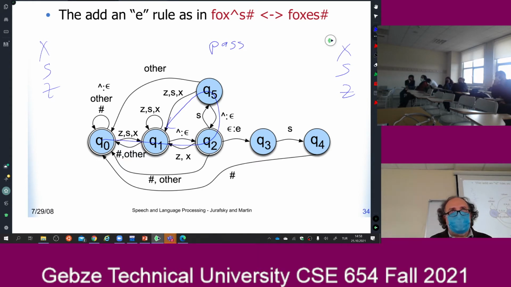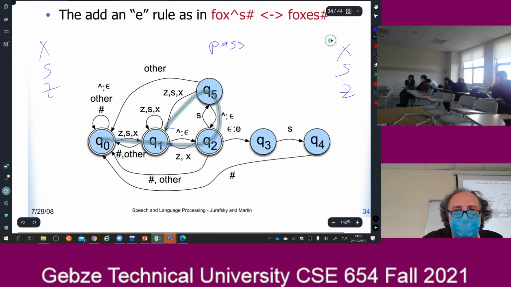And if you have many rules like this in a language, then it is difficult to handle all of them in a single finite state transducer or automata. I don't know how to. Okay, how about this one?